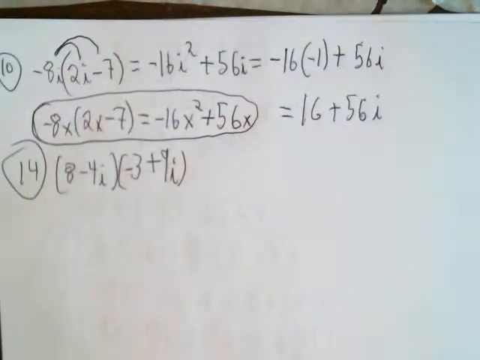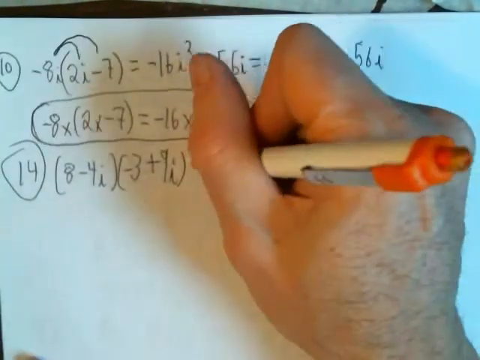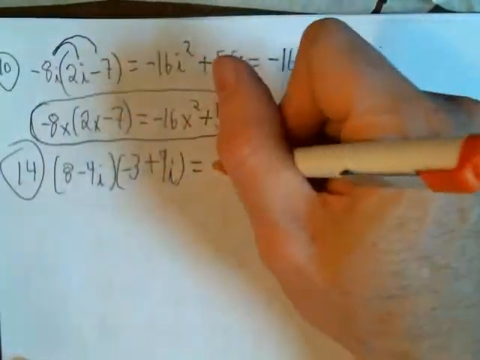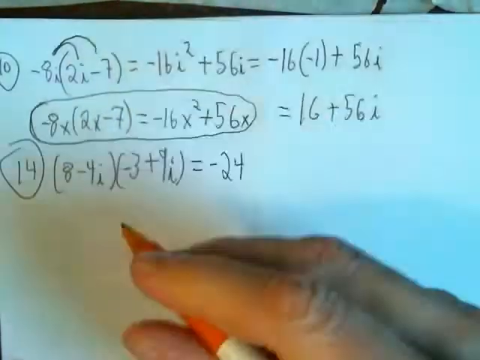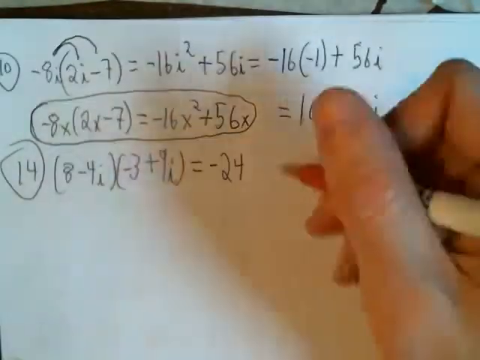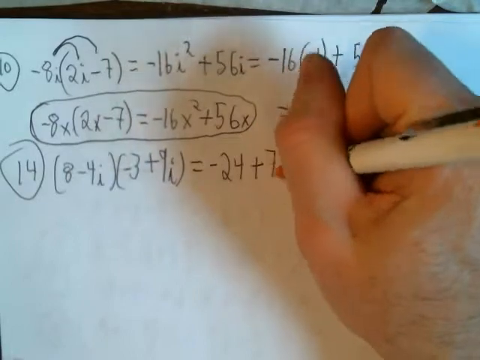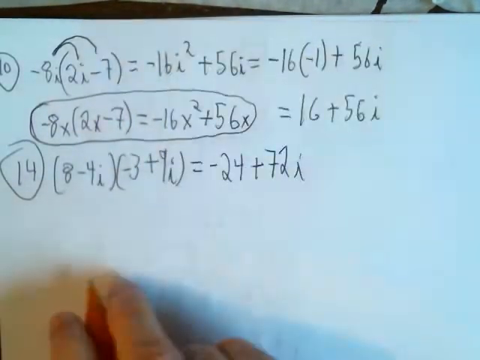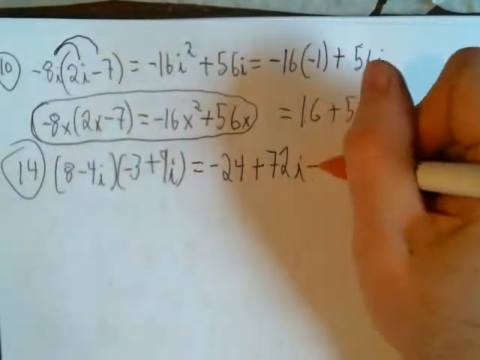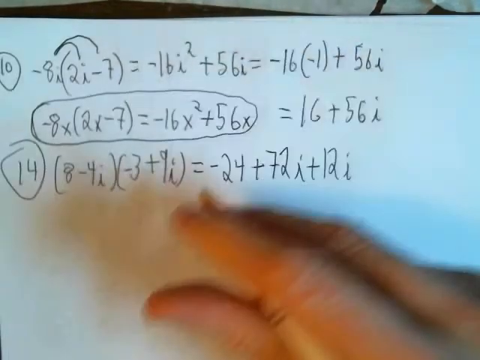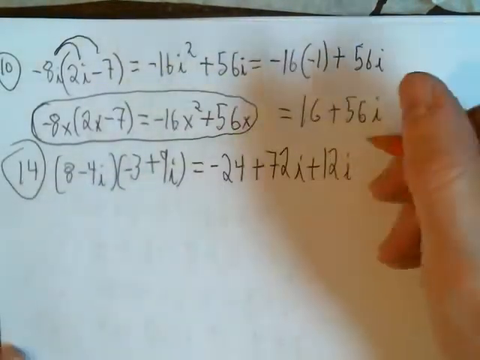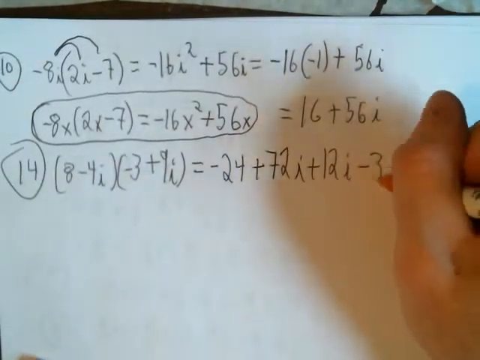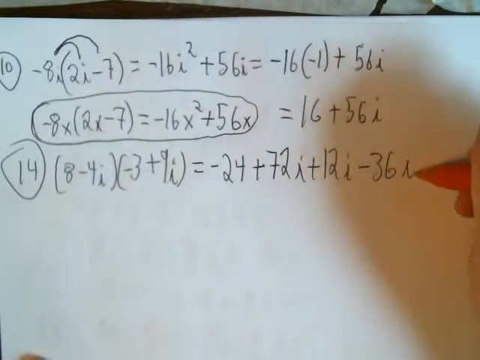You can guess, it begins with F, so it's FOIL: first, outer, inner, last. 8 times negative 3 is negative 24. Those are our firsts. The outer, 8 times 9 is 72i. Your inner, negative times a negative is plus 12i. And then finally your last, negative 4 times 9 is negative 36. And then i times i is i squared.